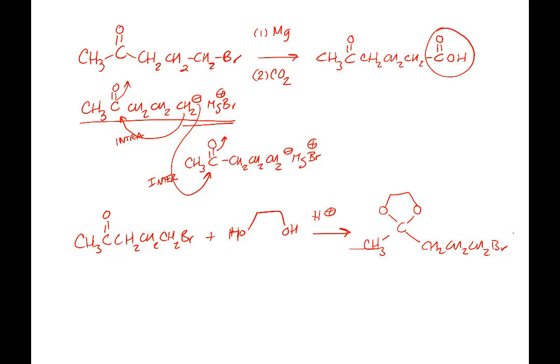Everybody understand those caveats? So now I can add my magnesium, and because I'm operating under basic conditions, because it's C minus, that C minus will not react with an acetal or with a ketal.